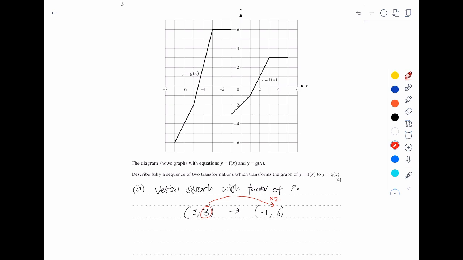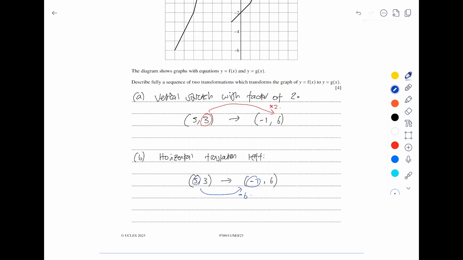Adding to this, we have shifted 6 units left on the x-axis with no corresponding shift in the y-axis, even though we have scaled. Two different things there. And what that tells us is that we've got a horizontal translation here by the vector (-6, 0).